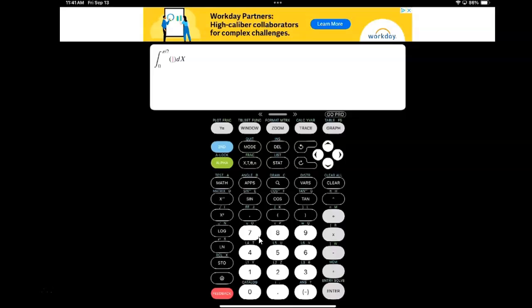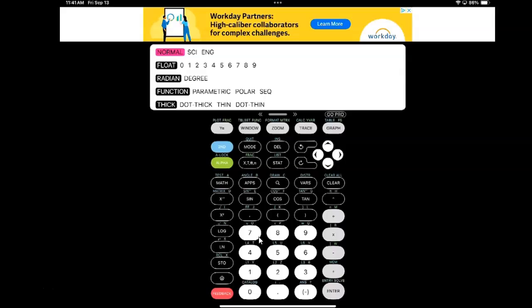So shift x, square root of 1 plus, and then I'm going to do the cosine of x squared. And let me just real quick make sure I'm in the right mode.